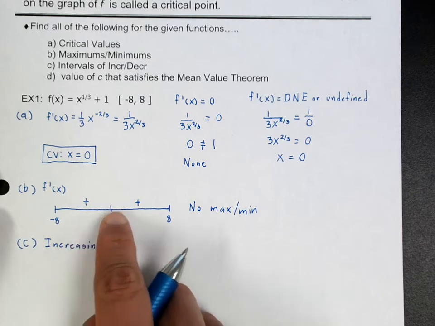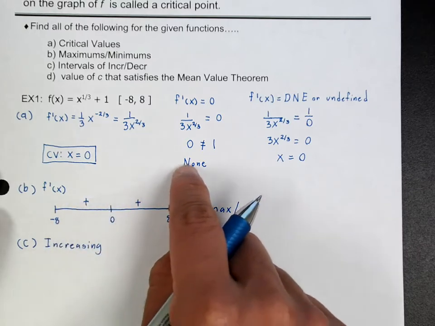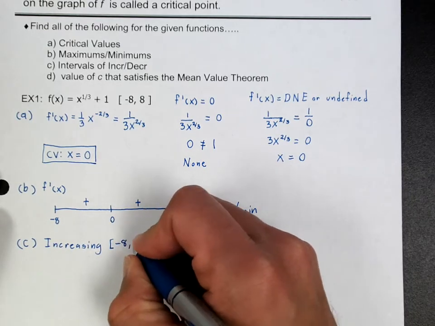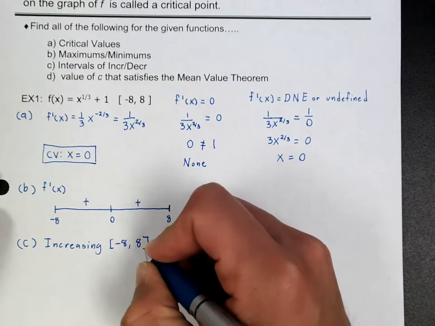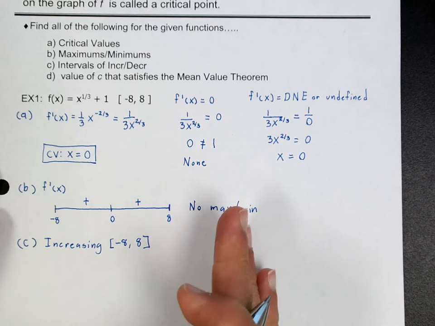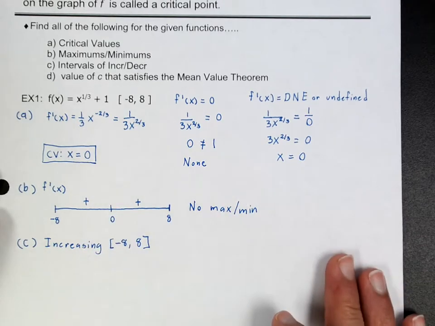Now if you look at the sign analysis, the derivatives are positive, which means I'm always increasing. All right, so I'm actually increasing between -8 and +8, because the derivative the whole time is positive, right? So if the derivative is positive, I'm increasing the whole way.